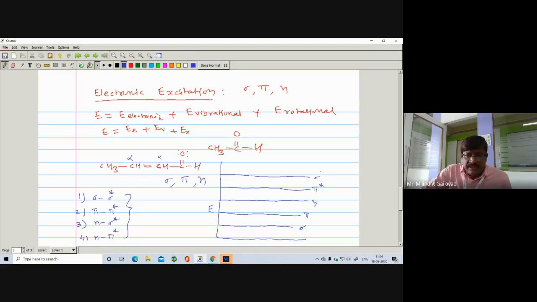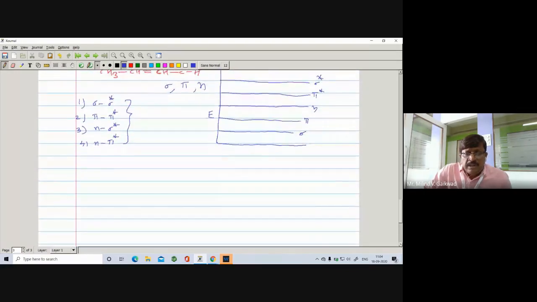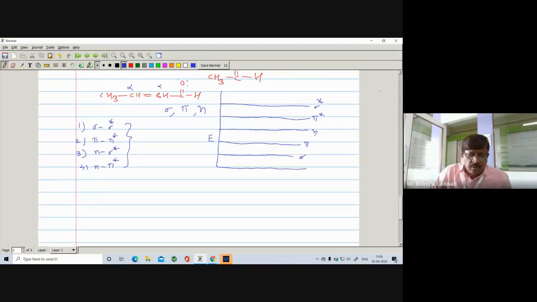So sigma to sigma star means when the system contains a sigma bond, and one of the electrons is shifted from sigma to sigma star, it is called a sigma to sigma star transition.